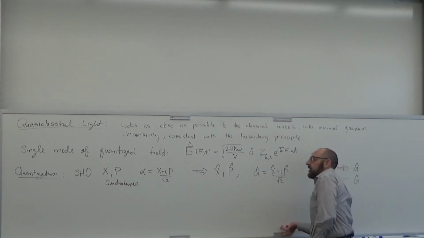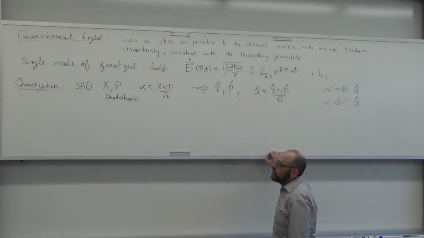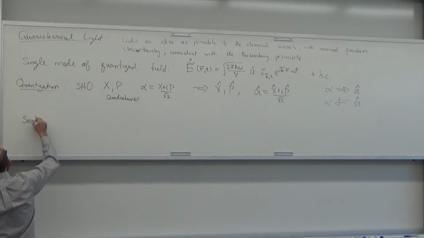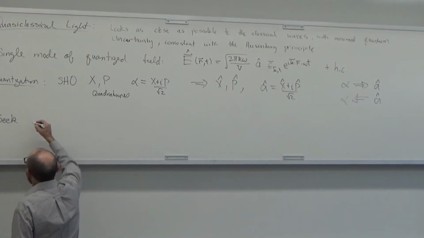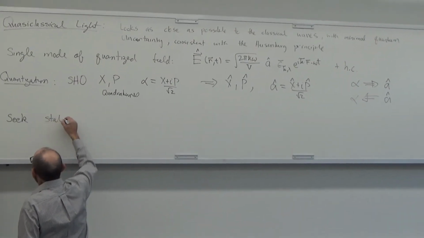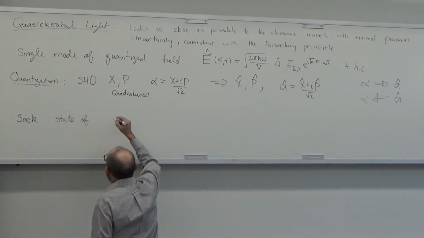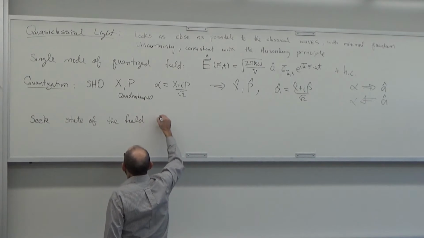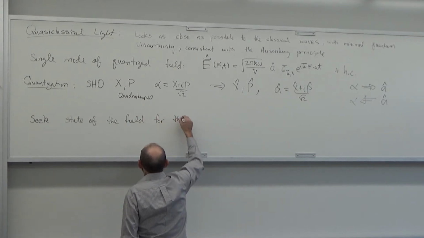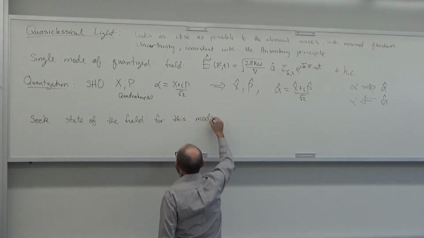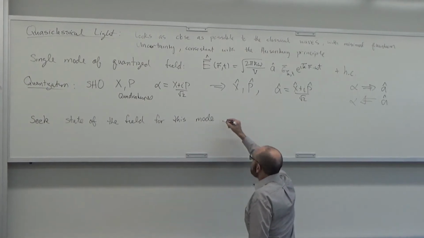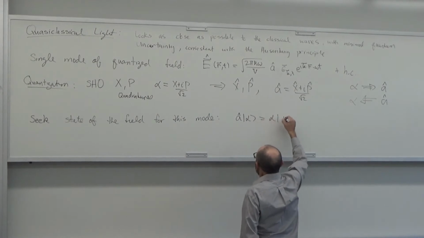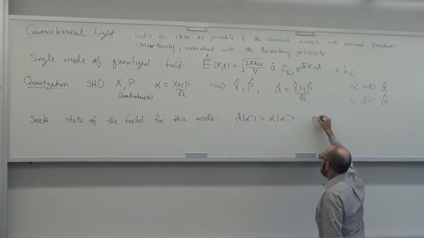So, it's not clear I can do that, but one way I can do that is I'm going to seek a state of the field for this mode such that it is an eigenstate of the annihilation operator.